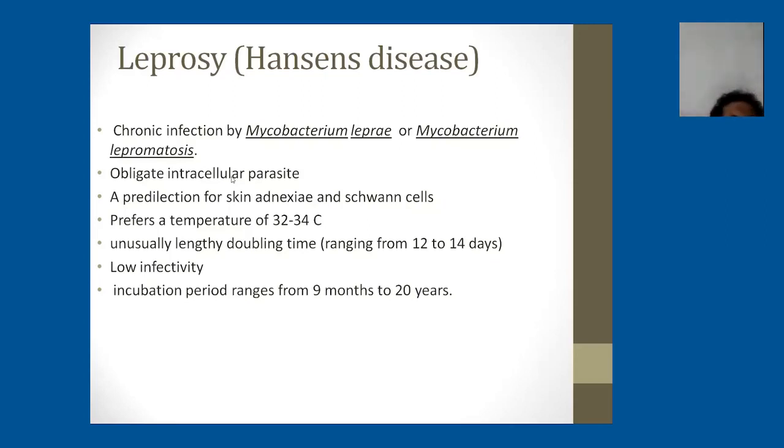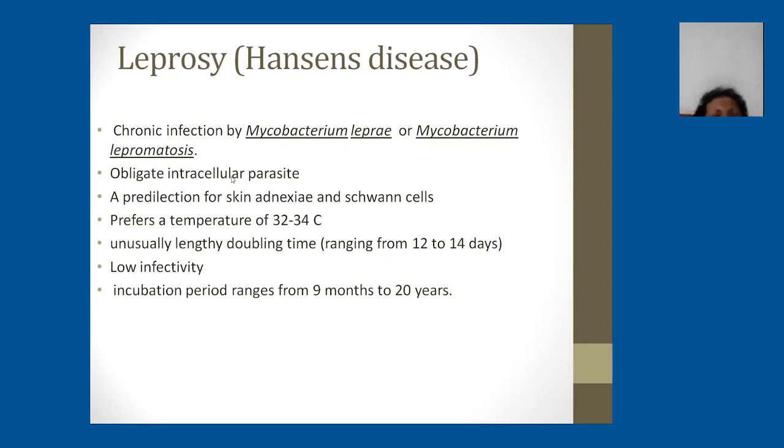The hair follicles, sweat glands, the nerve endings, the sebaceous glands, etc. So these are where you find the bacteria. And usually it prefers a cooler temperature, not 37 centigrade. So that's why you won't find leprosy patches in the armpit, groin, or the scalp, which are warmer and have a good blood supply. So if you find a hypopigmented patch in the groin or the scalp, it's not leprosy.